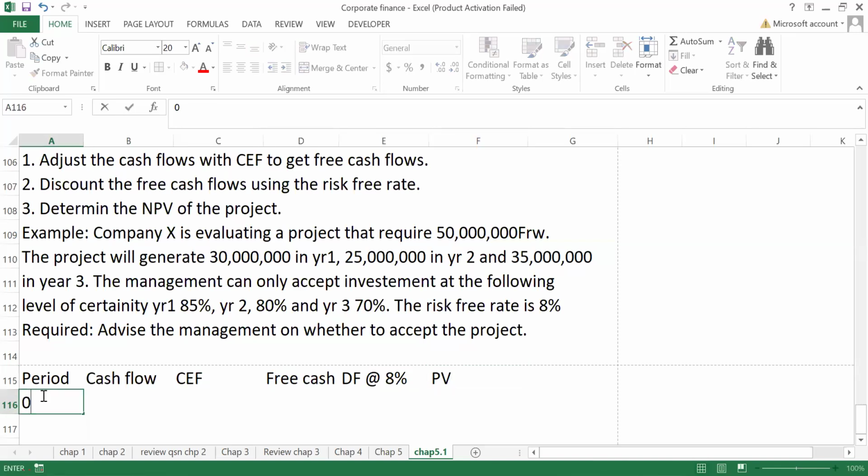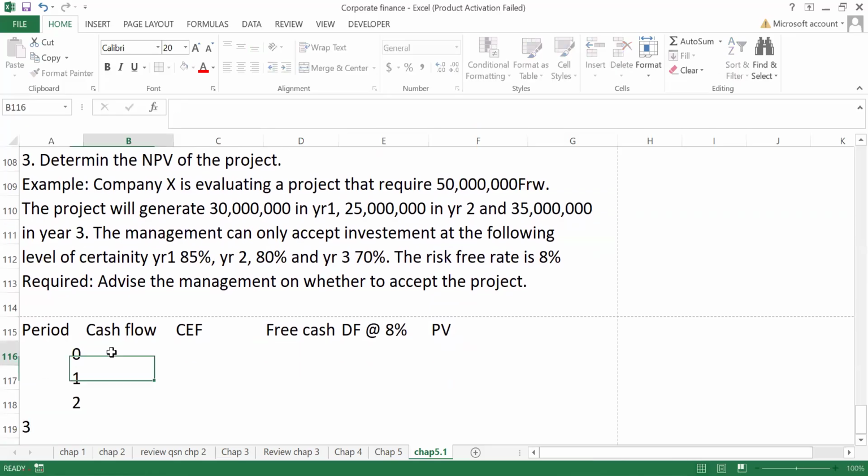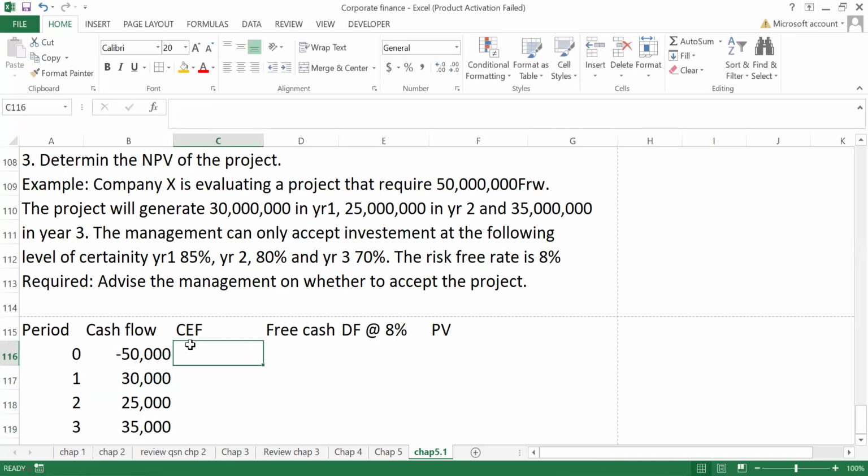So we have period 0, period 1, period 2, period 3. In period 0, we need 50 million. Then the cash flows are 30, 25, and 35.